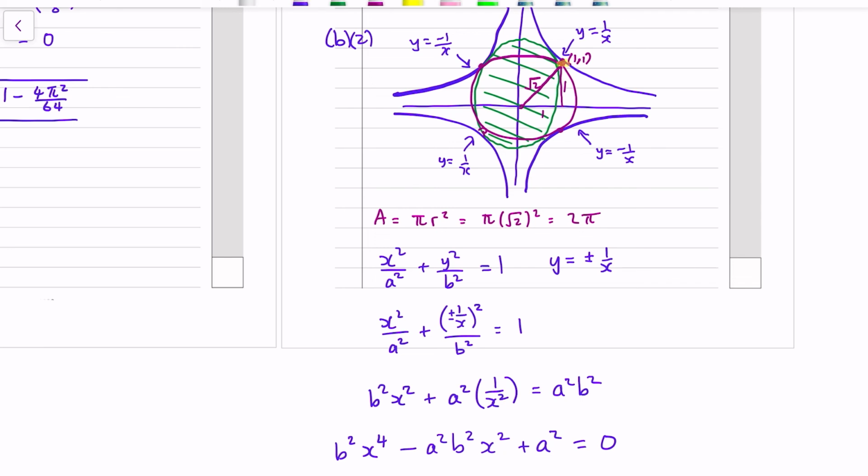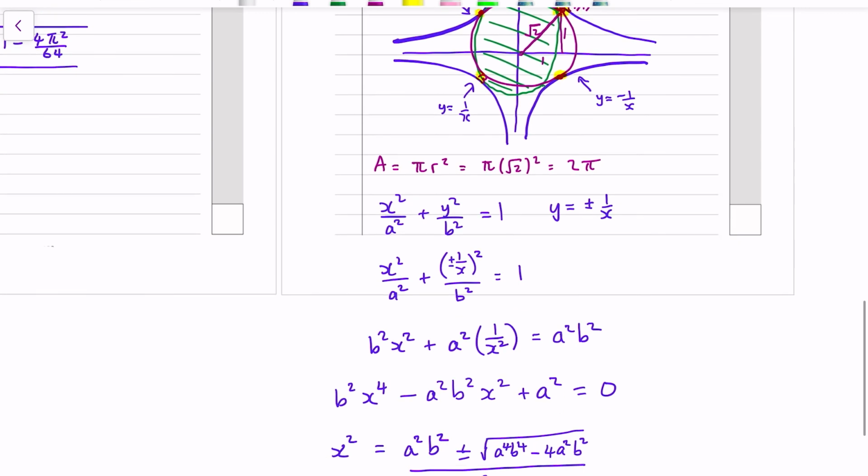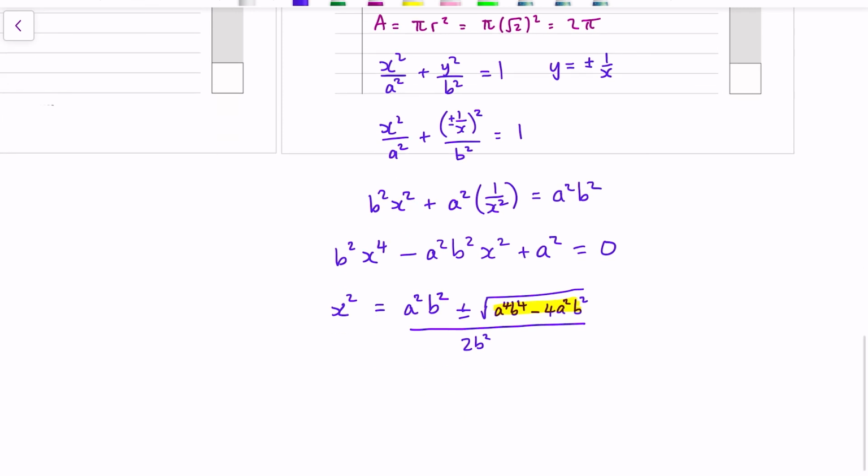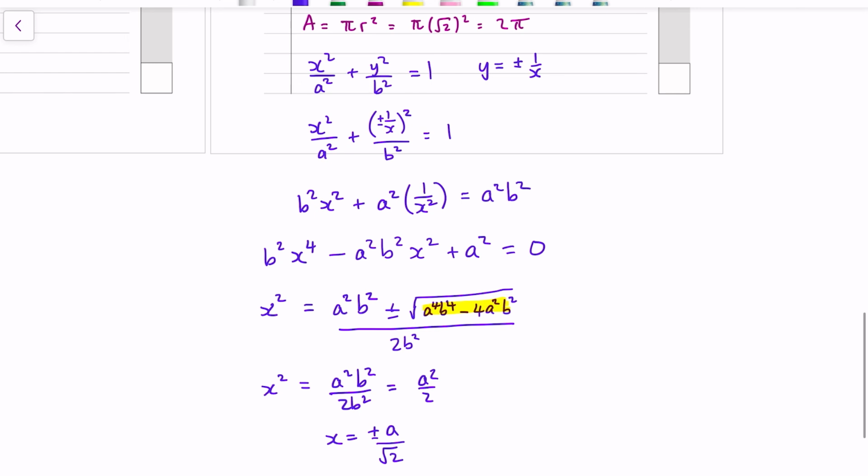One of them is going to be here and the other one's going to be there, so we only want 2 solutions out of this. Then this part here needs to be equal to 0, because if it's equal to 0, then we're just going to get x squared equals a squared b squared over 2b squared, which is a squared over 2, and that will give us x equals plus or minus a over root 2, the 2 values of x that we need. So we set the discriminant equal to 0.